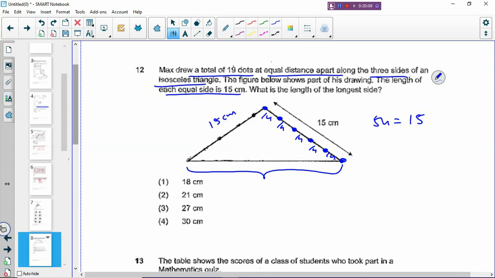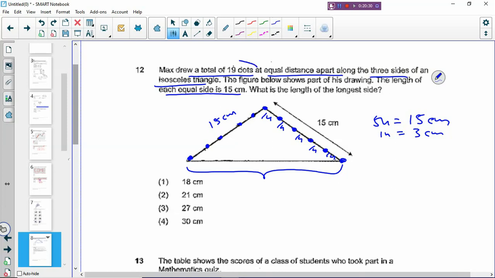And so one gap, how big is one gap? So your one gap will be 3 centimeter. And of course the other side is also the same, right? So you should also have 6 dots, 3, 4, 5, and 6. And of course there are also 5 gaps on the other side.